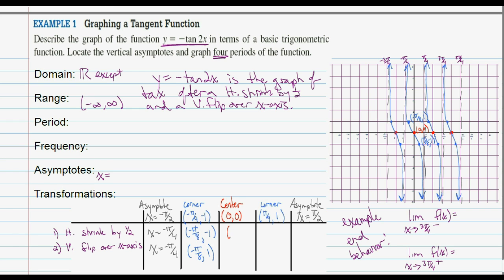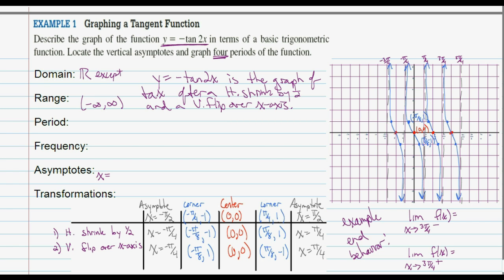Nothing is going to happen to the center because if you multiply or change from positive to negative, zeros don't change. Let's see, this will be positive pi over 8, comma, positive 1, and then pi over 8, negative 1. And this vertical asymptote will change to x equals pi over 4. And then again, the vertical flip doesn't affect it.